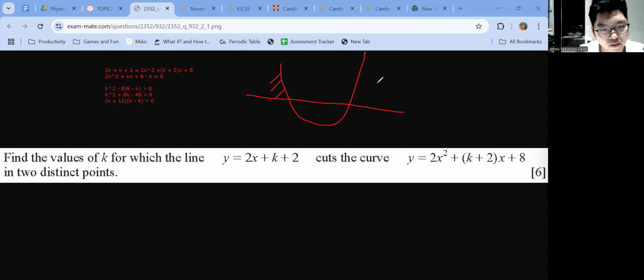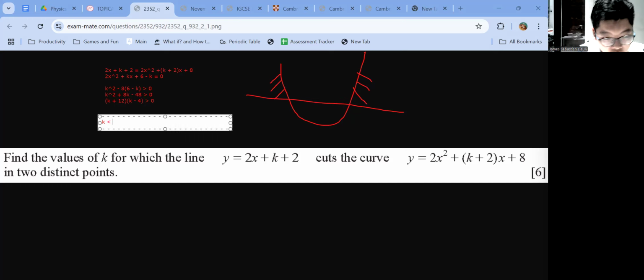You want this part that's bigger than 0, so that would mean that k is less than minus 12, or k is bigger than 4. And if k is minus 12 and k is equal to 4, then obviously there is one solution only.